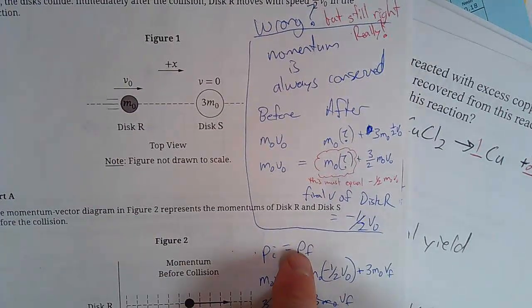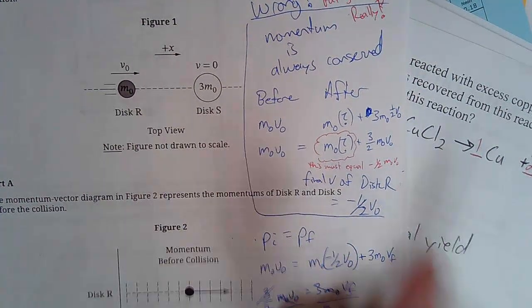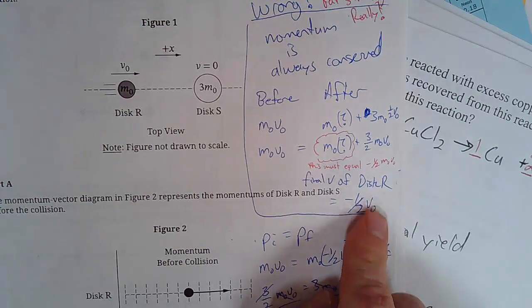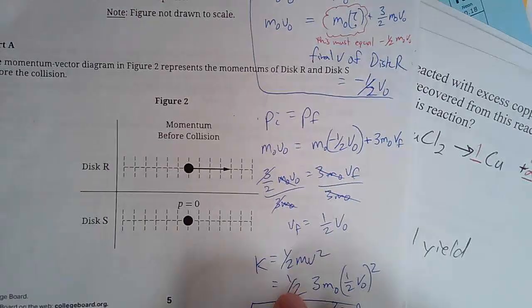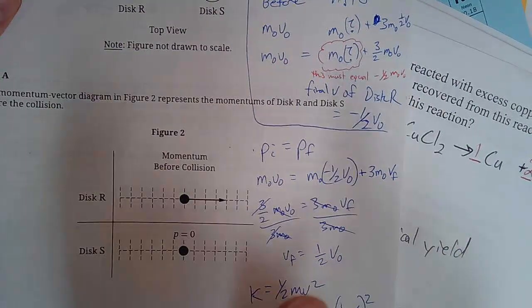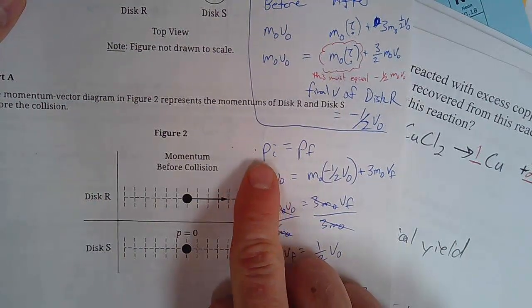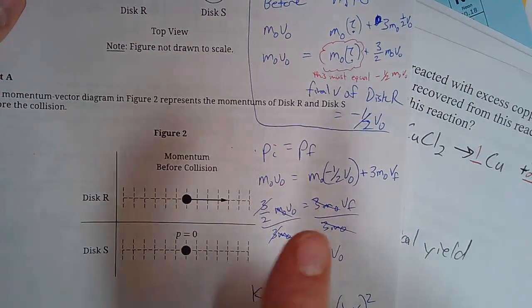But strangely enough, it turned out that they have the same speed, and down here is the actual correct work for figuring that out. So, initial momentum equals final momentum.